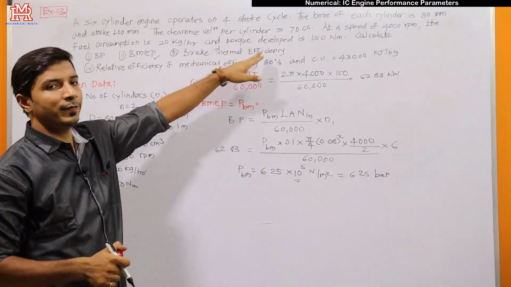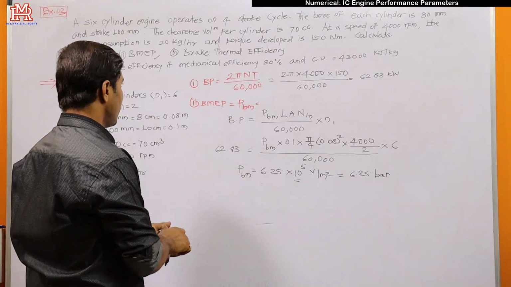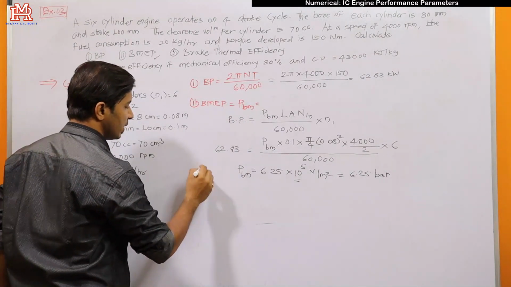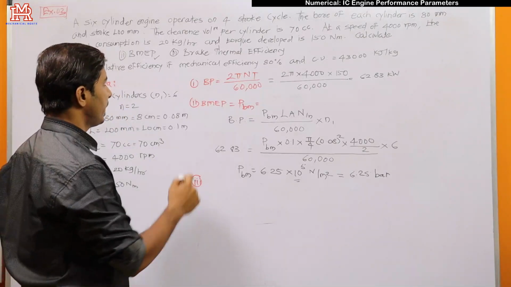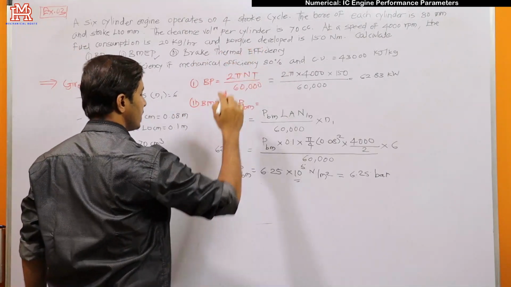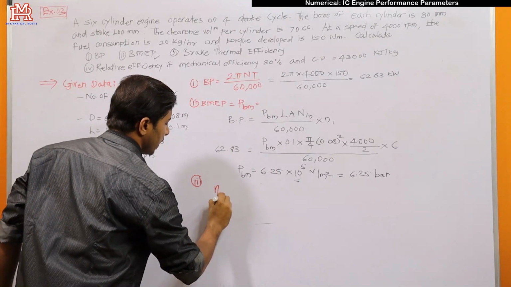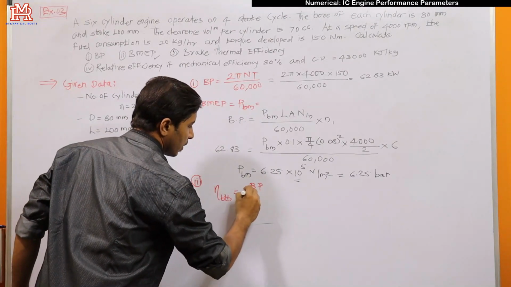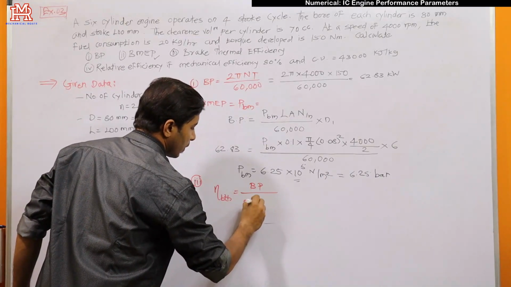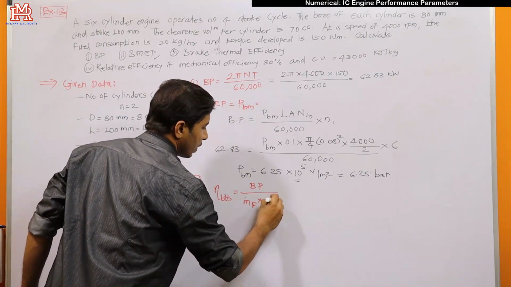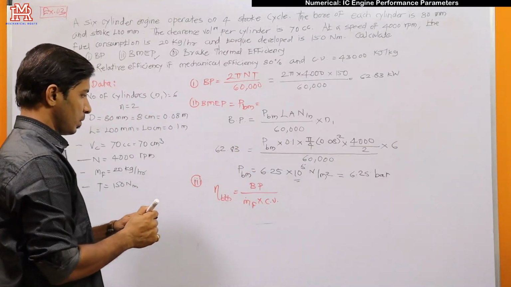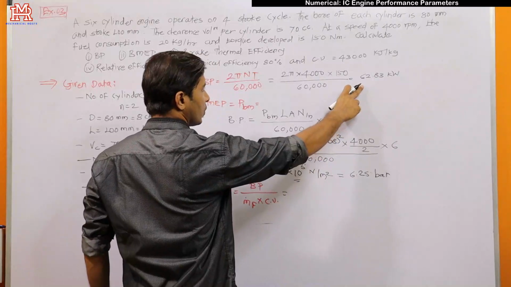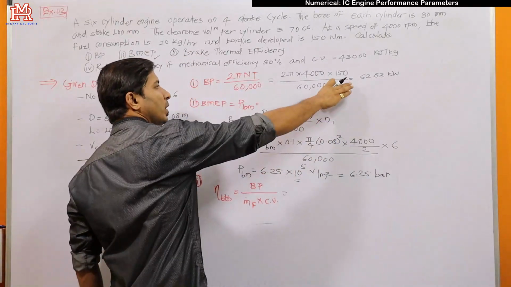Now brake thermal efficiency. This is again simple, using the same formula as in the previous numerical, where we also calculated brake thermal efficiency. So we use NBTH, which is equal to brake power divided by mass flow rate into calorific value. The brake power you have calculated is linked to the first parameter.